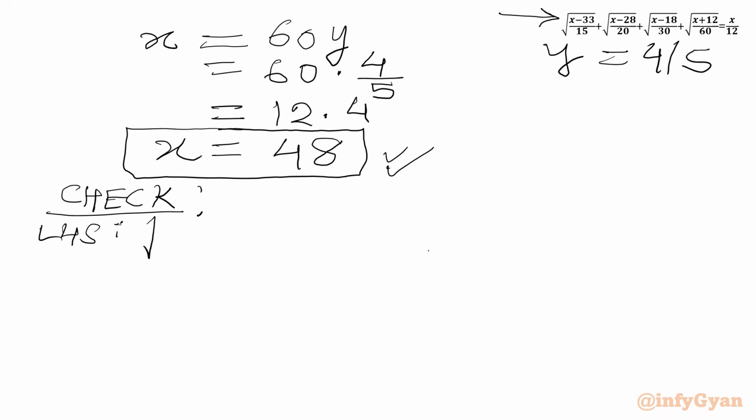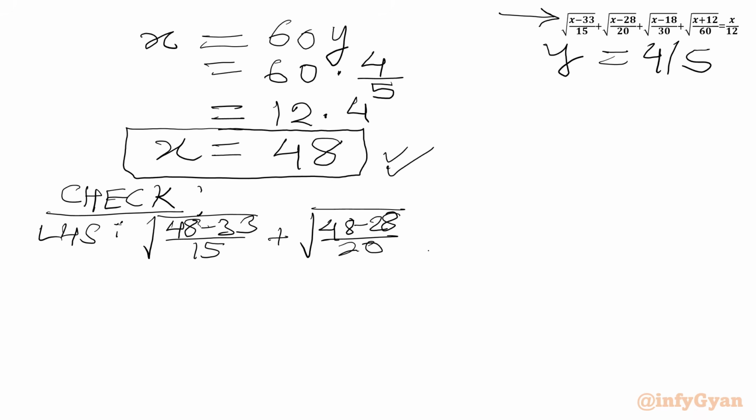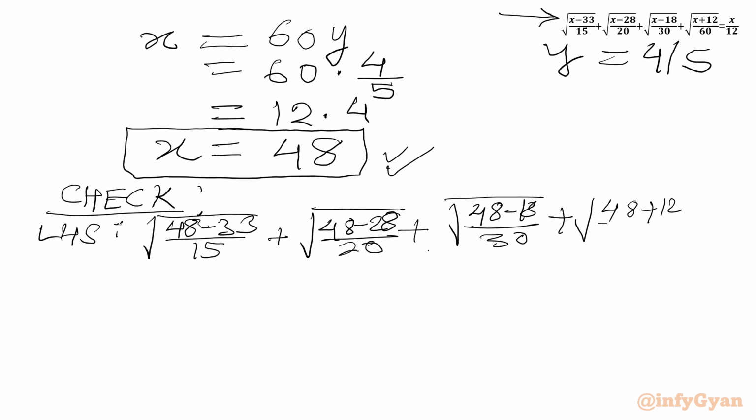So I will write 48 minus 33 over 15 plus 48 minus 28 over 20 plus 48 minus 18 over 30 plus square root of 48 plus 12 over 60.